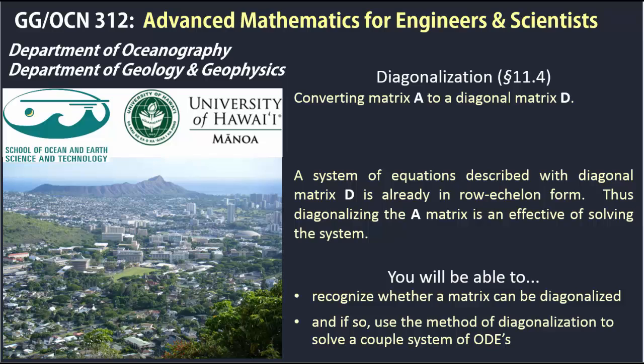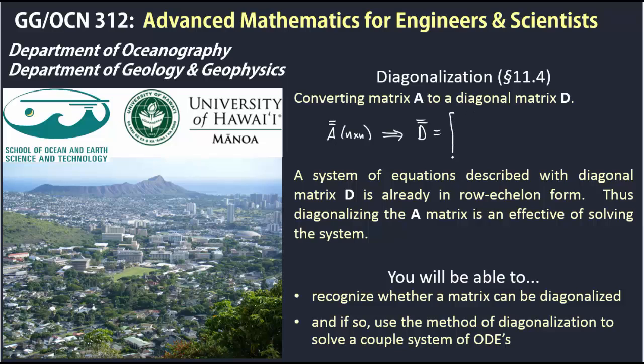This video is about the procedure of diagonalization. Diagonalization is basically converting a square matrix A into a diagonal matrix. That is, if we have A being n by n, it is converted into a diagonal matrix, also square and n by n.